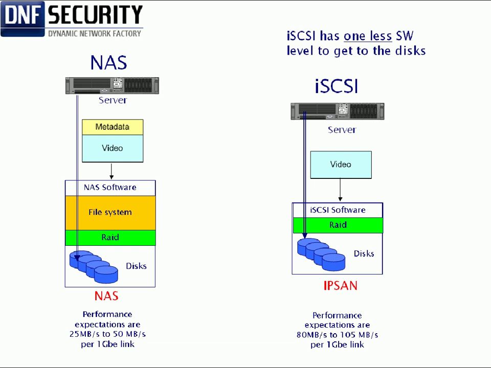As you look at the left-hand side of this screen, you'll notice I have a NAS depiction with, again, a server, and it can be a server, but more appropriately, any number of workstations. And they send their data out, but it's not limited to strictly a Word document or a piece of video.